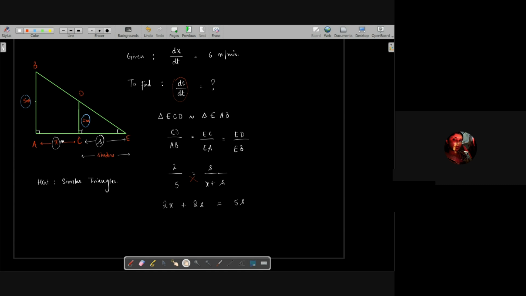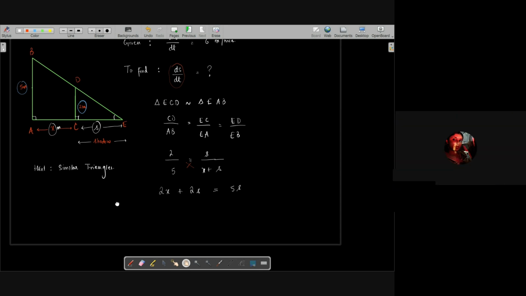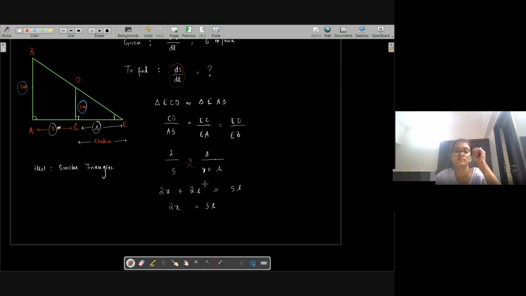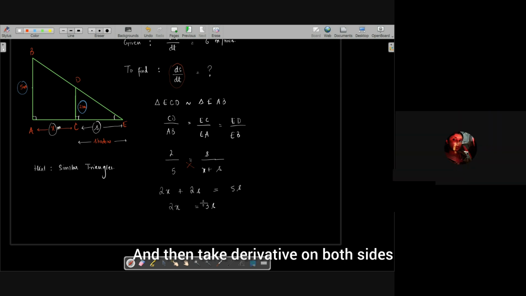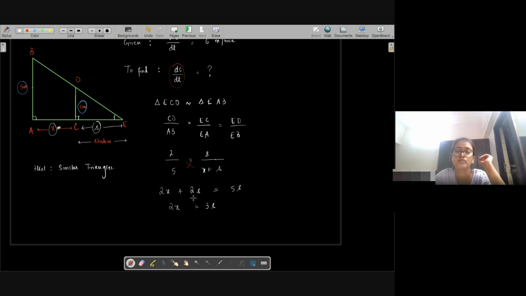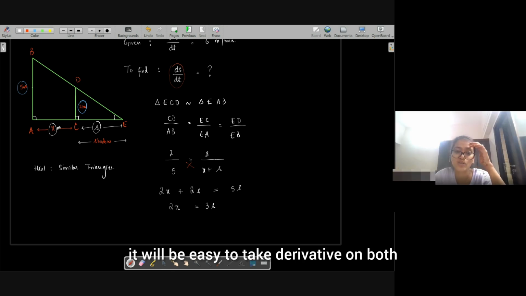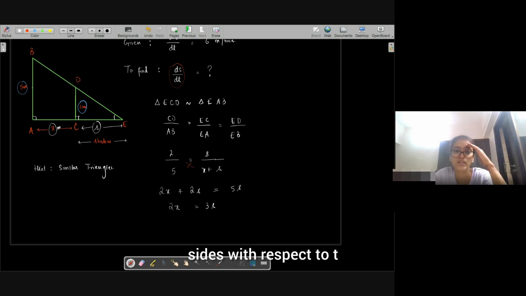2x plus 2s equals 5s. And then we could bring 2s to the other side. So it would be 2x equals 3s. Now it will be easy to take the derivative on both sides with respect to t.